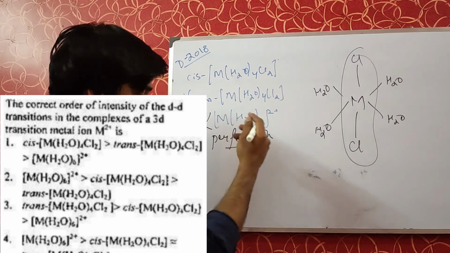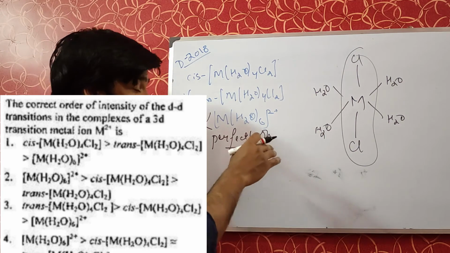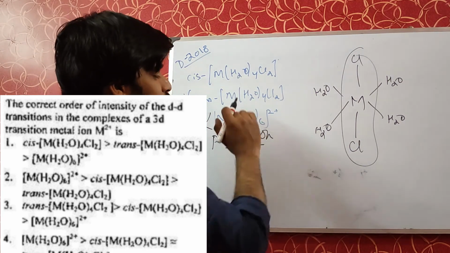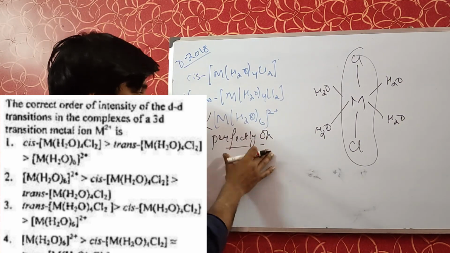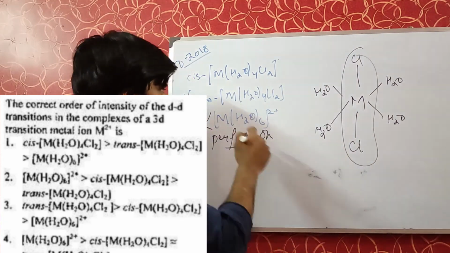In the hexaaqua case there is very little chance of any DD transition, so it has least intensity, followed by this, which has some intensity provided there is an asymmetric stretch.